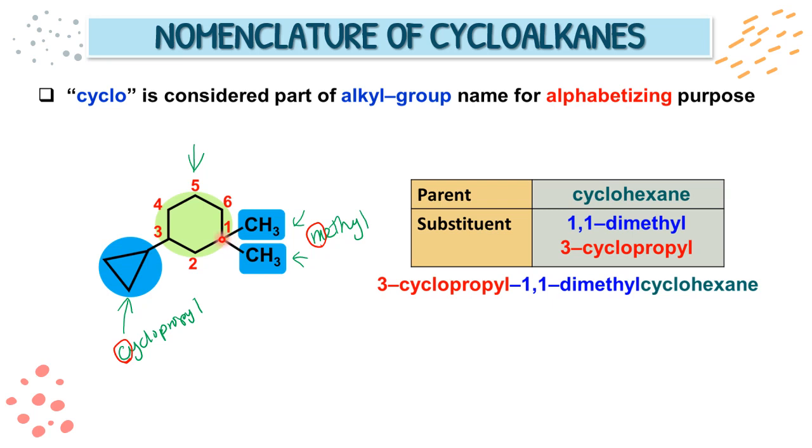And then the lowest possible numbers are 1, 2, and 3 over here instead of the other way around. So that's why we have 1,1-dimethyl, and then 3-cyclopropyl. So in the naming, C comes first and then M. So that's why it's 3-cyclopropyl-1,1-dimethylcyclohexane.